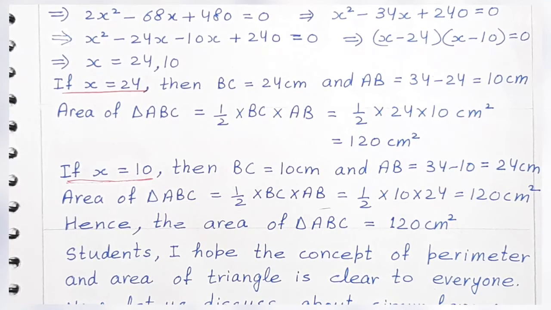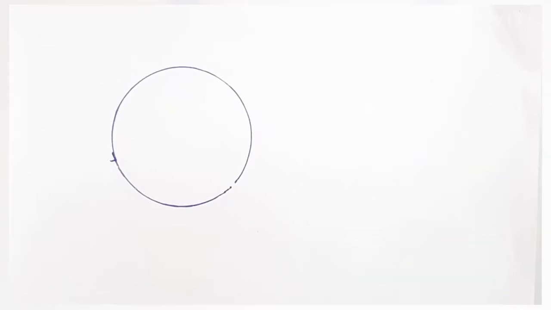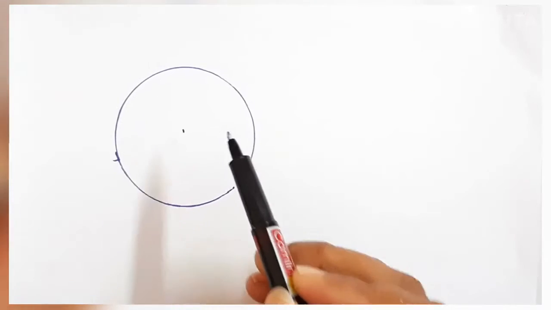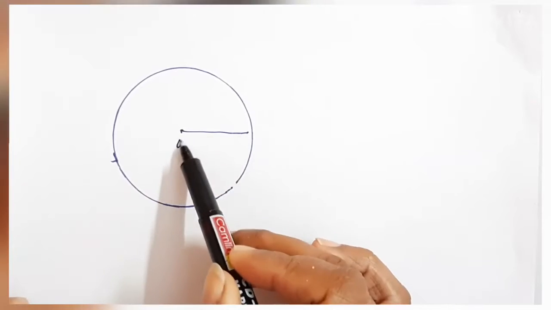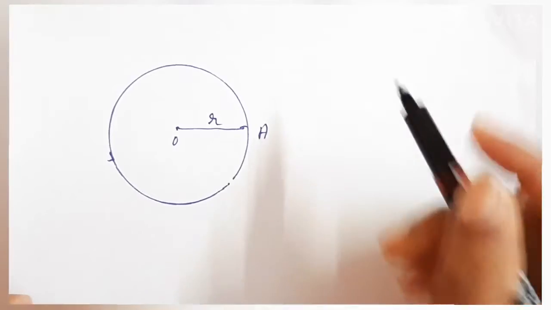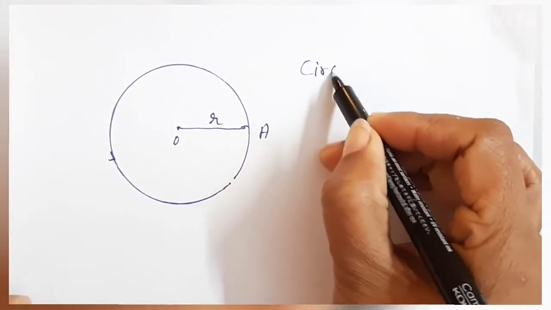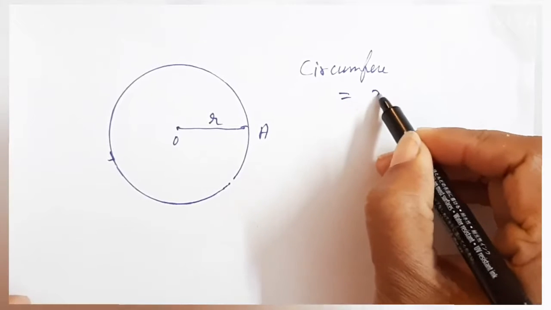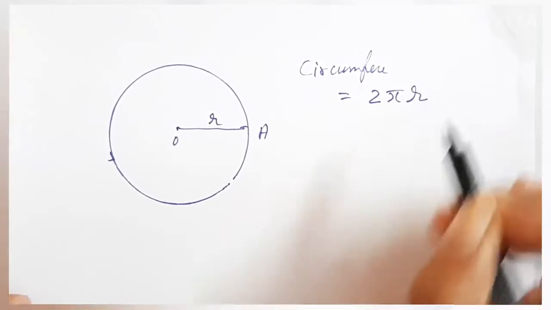Now, let us discuss about circumference and area of circle. Circumference of a circle is, now see here, OA is R, that is the radius. So circumference is 2 pi r.